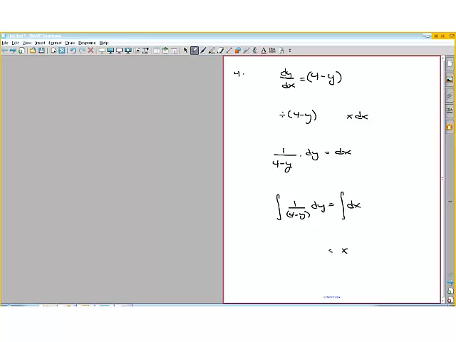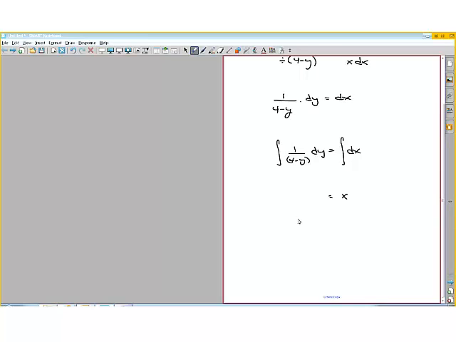On the left-hand side, it's just like we did before, except we would use u substitution and let the whole denominator be u equals 4 minus y. So du is negative dy, because the derivative of 4 would be 0 and the derivative of negative y would be negative 1.